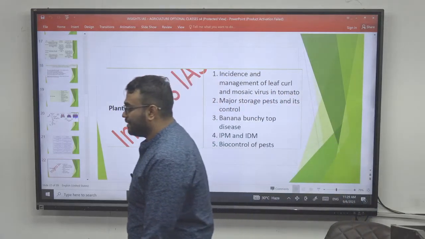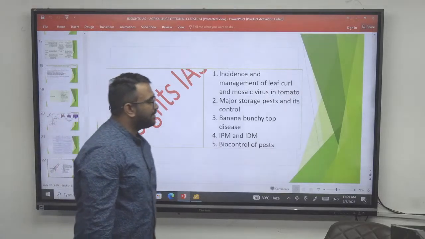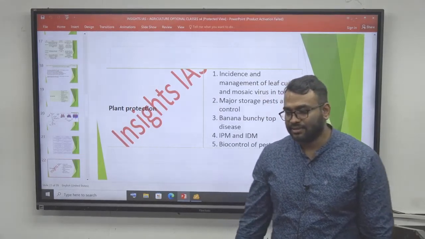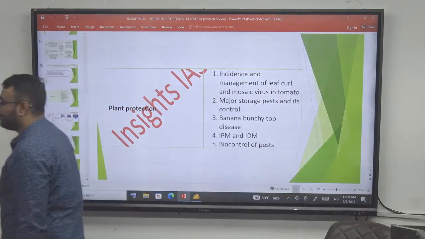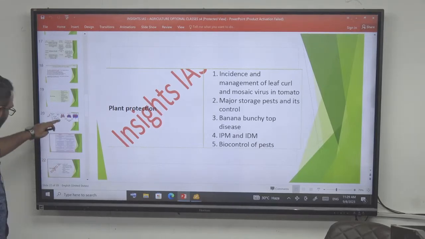Because of this there is a 50% yield reduction in tomato plants, and that's why there is inflation in this particular crop. So that question could be asked. But essentially, if that question comes, not just generalistic management practices, I have to give the IDM, integrated disease management procedure for these two diseases. Okay, let's discuss that in brief here itself.